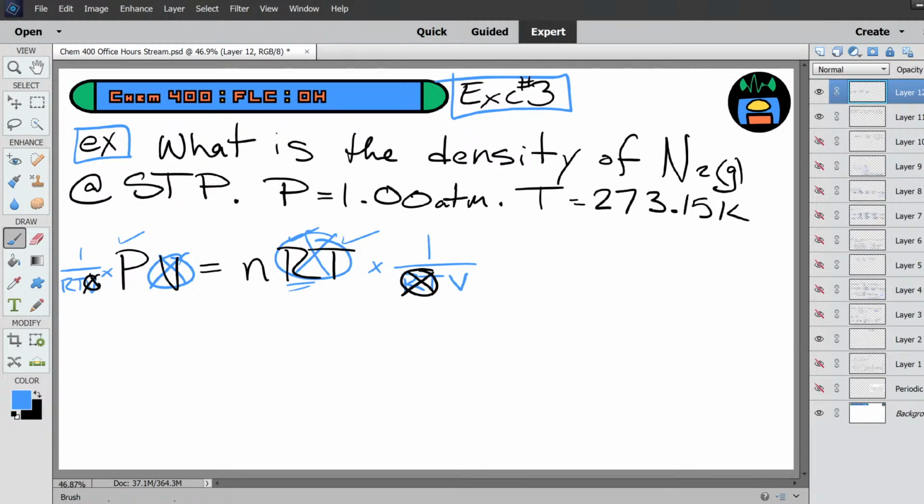This gives us n over V is equal to P over R times T.